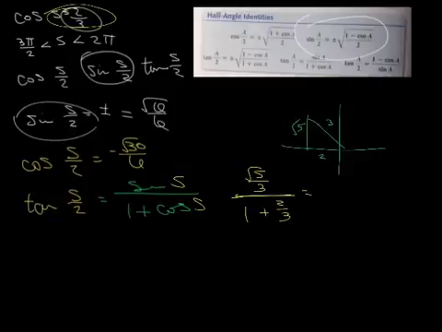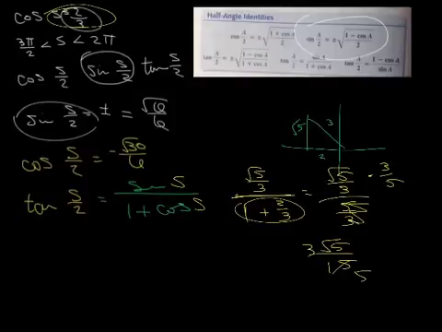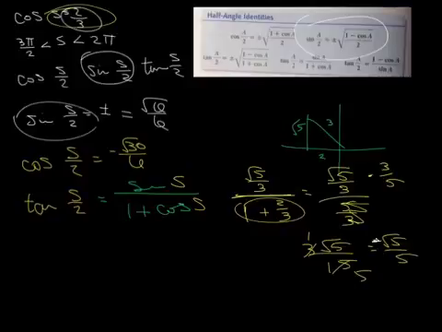Okay, so I got the square root of 5 over 3, and I've got 5 over 3 here. When I add those two, multiply by 3/5, and I get 3 square root of 5 over 15, and that cancels with that, and I get square root of 5 over 5. And remember, tangent is negative in the second quadrant.